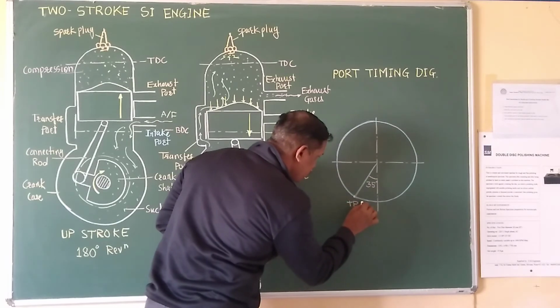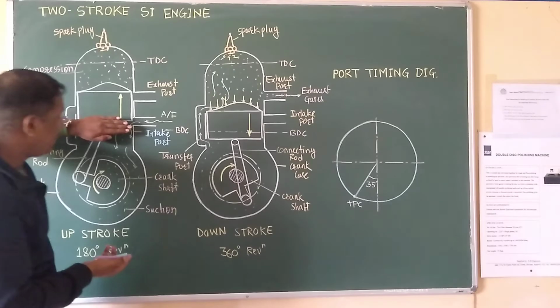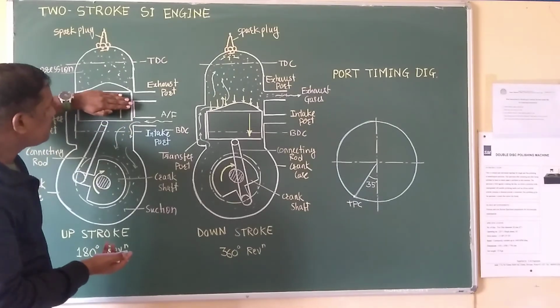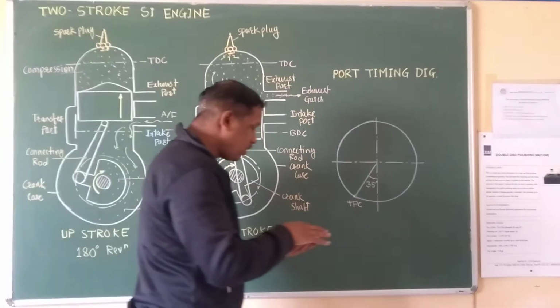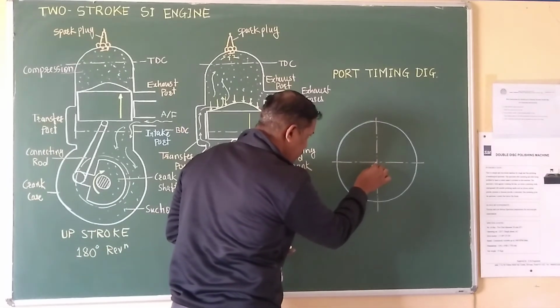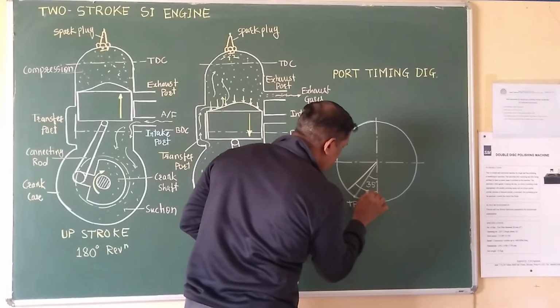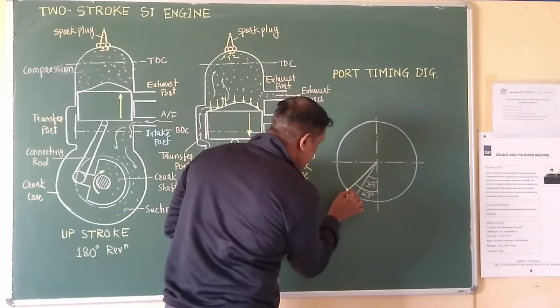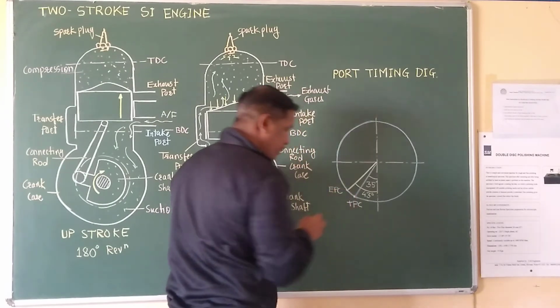Then it moves upward for compression, then during the return stroke exhaust port opens, then transfer port opens. So likewise, upward stroke transfer port close, exhaust port close, compression, bottom side suction, then after burning exhaust port open, then transfer port open.